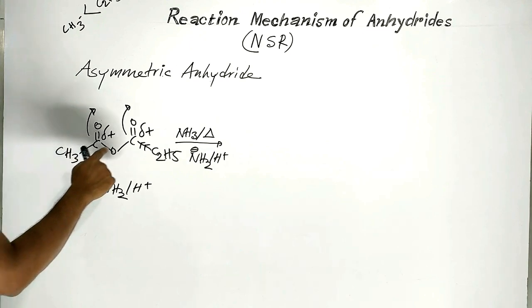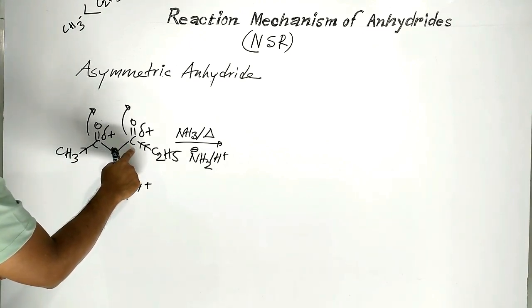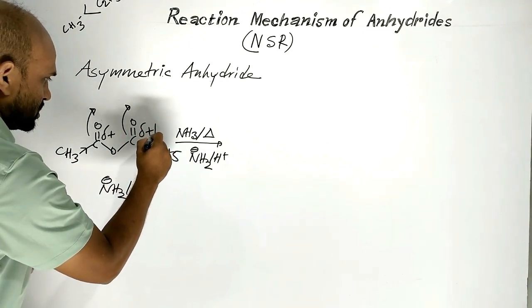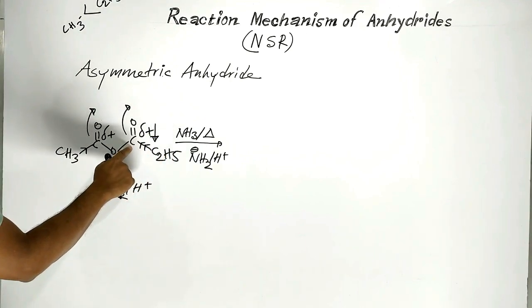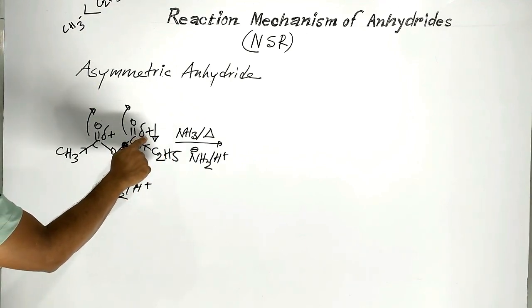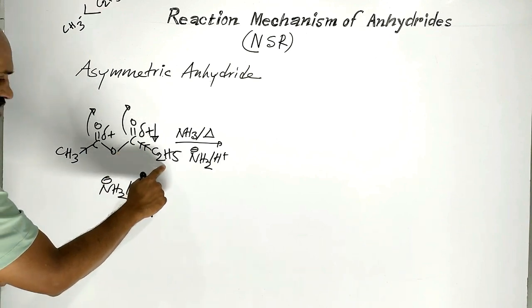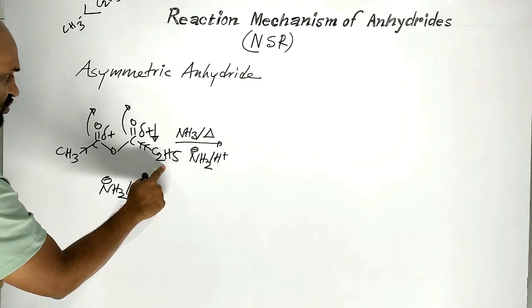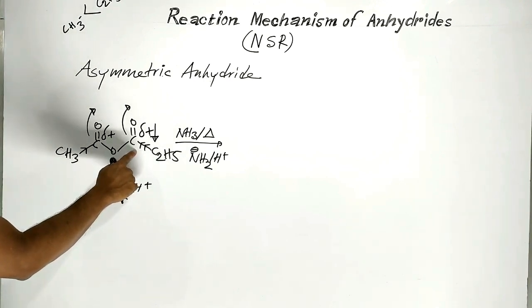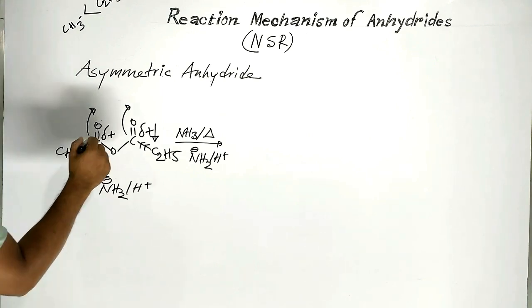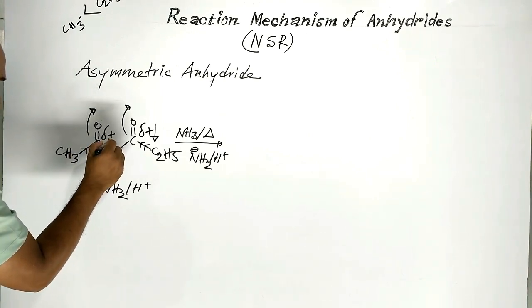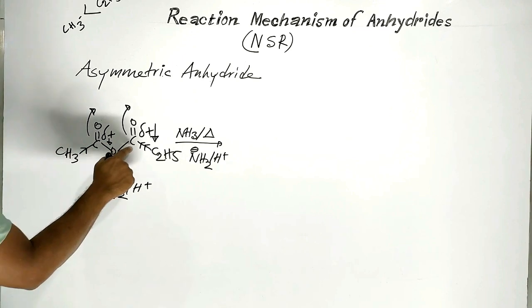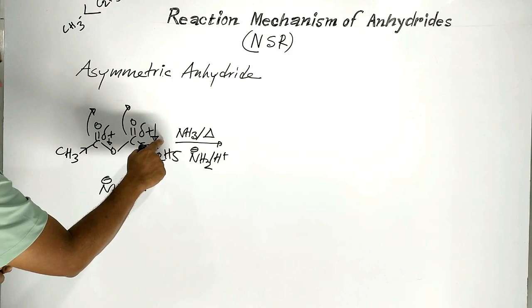That is why this carbon is going toward neutral. This carbon's positive charge density decreases a lot because here the ethyl group is a powerful electron donating group, but in this case the charge density is decreased, not like this carbon. In this carbon, charge density decreases to a greater extent.